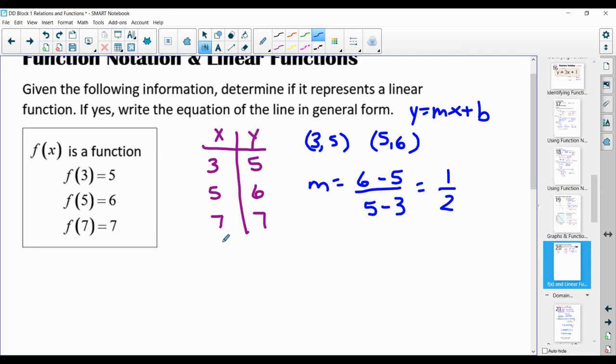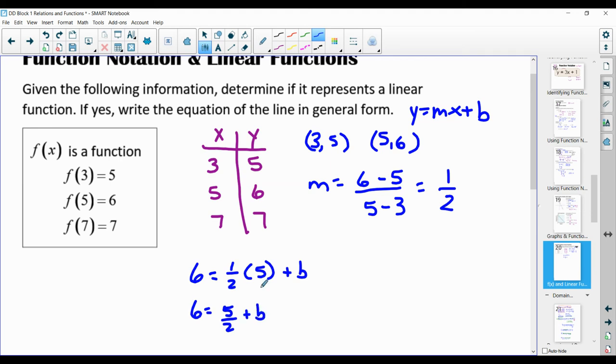So our slope is 1/2. Now from there, you can use either method. You can use the point-slope form or the slope-intercept form to find your b value, but ultimately we need to know what b is. So I'm going to choose (5, 6) here, and I'm going to put y equals m, which is 1/2, times x, which is 5, plus b. So 6 equals 5 over 2, or 2.5, plus b.